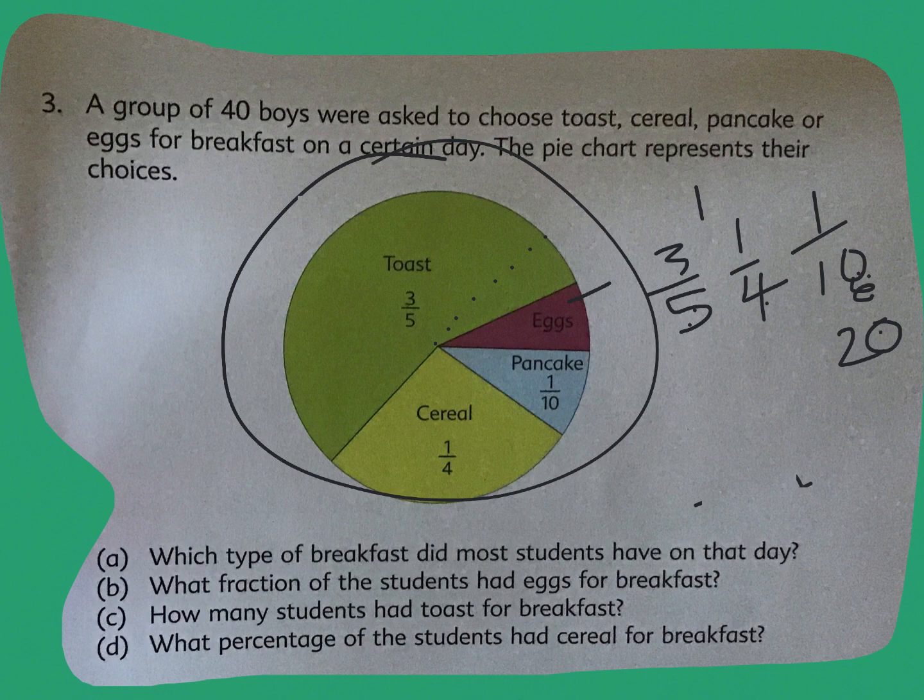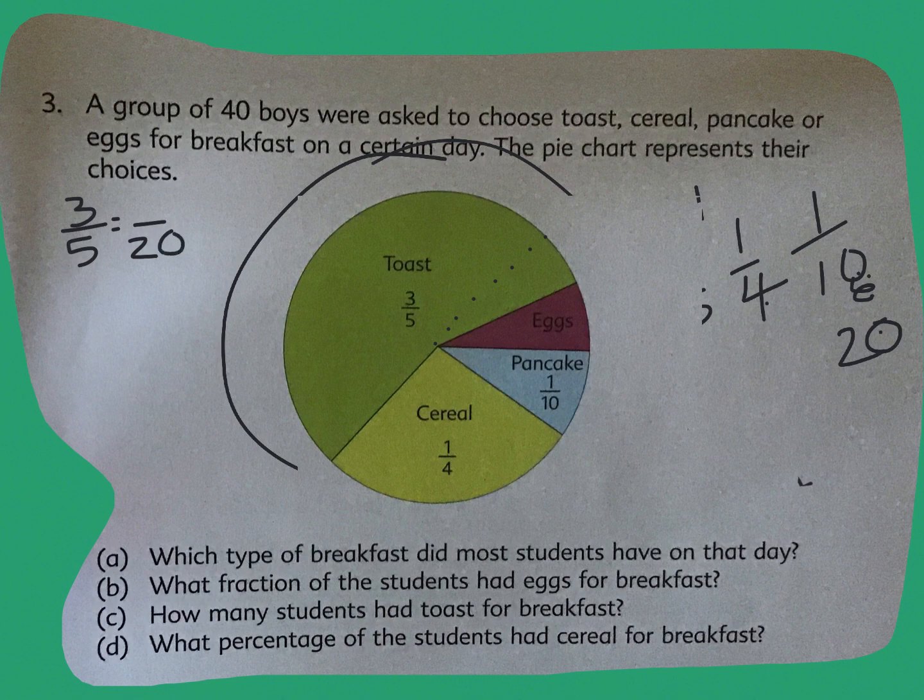So let me erase this a little. I want to keep this up here. So let's change them all to 20ths. So 3/5 equals how many 20ths? 5 times what equals 20? 5 times 4, so whatever you did to the bottom, you do to the top.